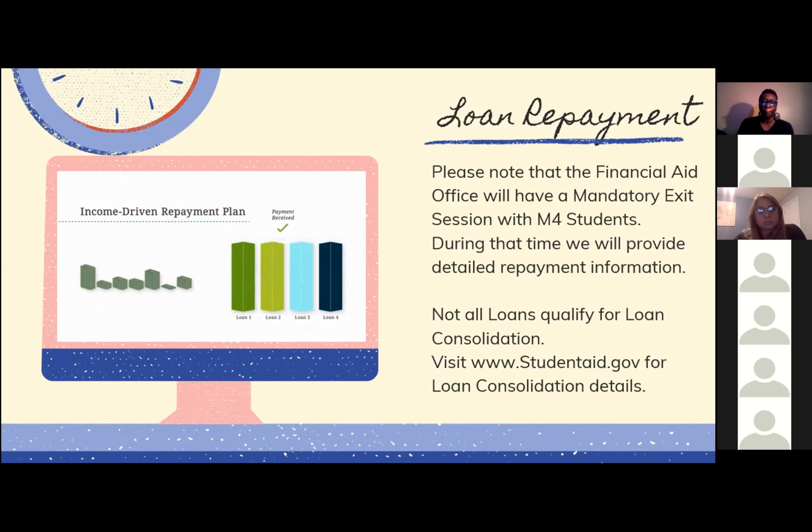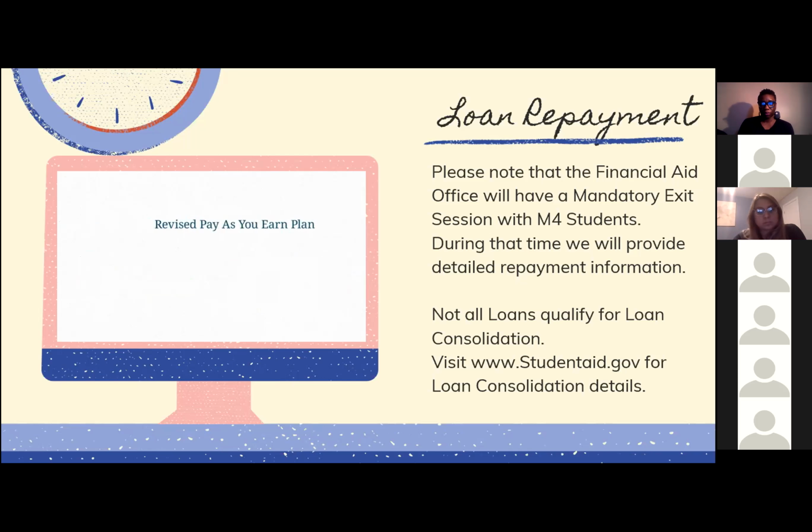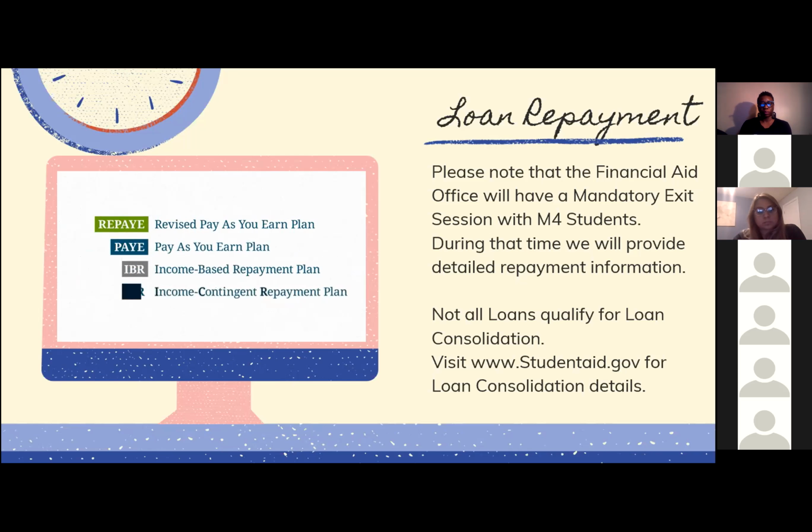These plans base your monthly payments on your income level, so they can go up or down as your income changes. The Revised Pay As You Earn plan, also known as REPAYE, the Pay As You Earn plan known as PAYE, the Income-Based Repayment plan, or IBR, and the Income-Contingent Repayment plan, or ICR.